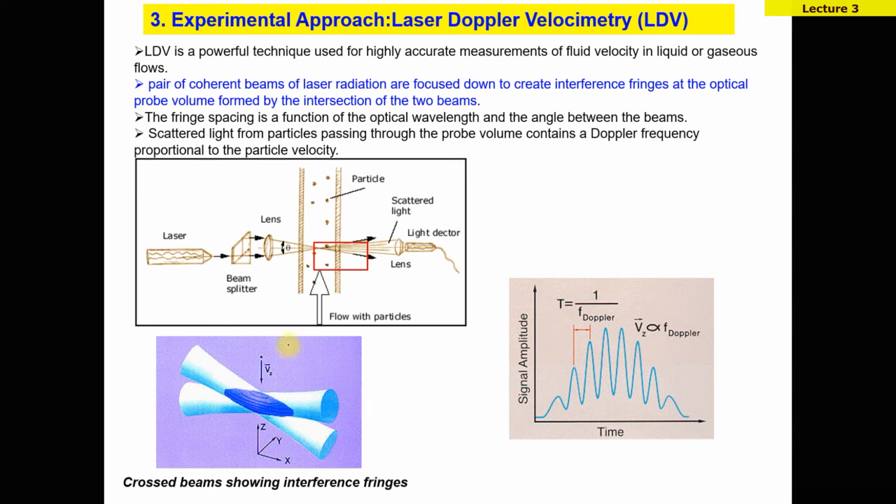Here the velocity v is normal to the laser beam. These are the beams, and normal to this, the velocity vz is there, and this velocity vz we can find as a function of the Doppler frequency. Based on that we can find the velocity.